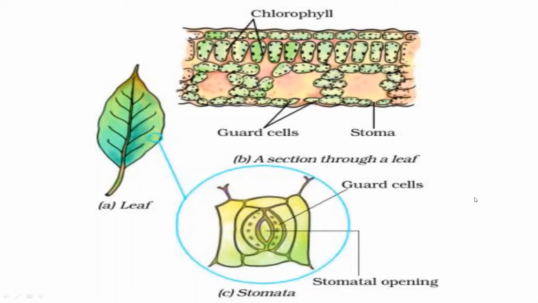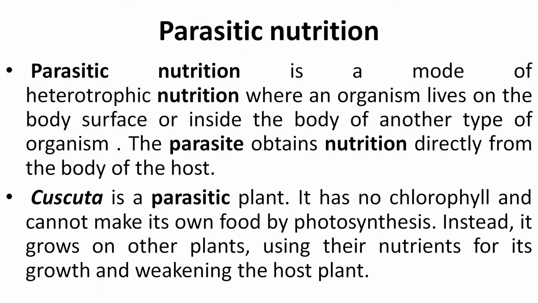Okay? Now coming to the special mode of nutrition. The first is parasitic nutrition. From the name you can guess that parasite means harmful. So it is very harmful to others. That means for its own benefit, it can weaken or destroy or harm the host plant from where it actually obtained the nutrition.